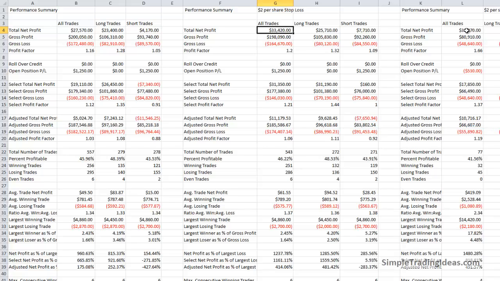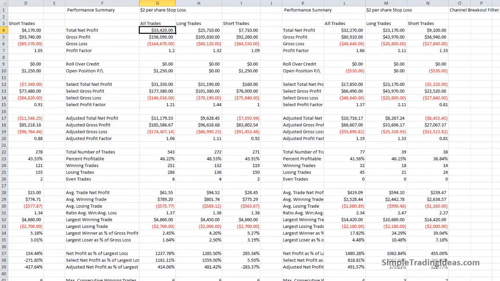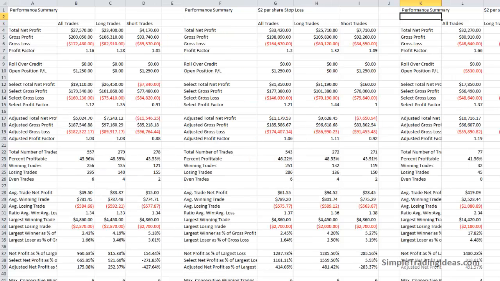Still, that would mean that overall, after transaction costs, our third adaptation here, our third version of the simple moving average system with a channel breakout filter, would be the system that would be the overall winner.